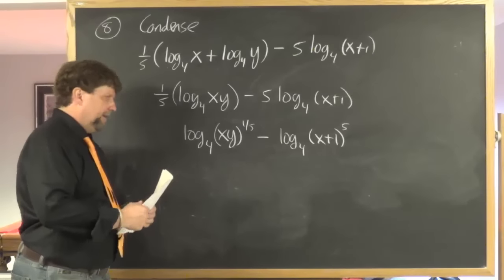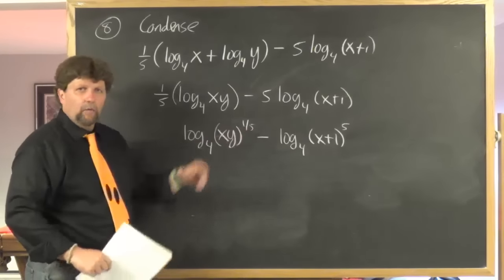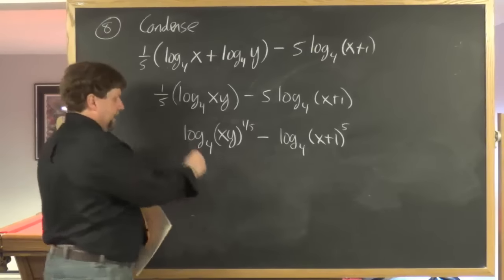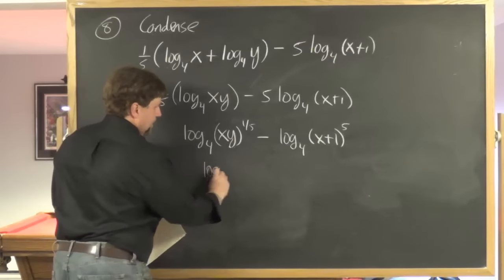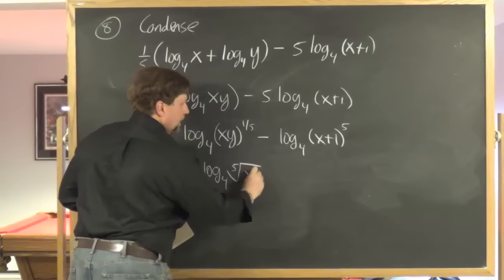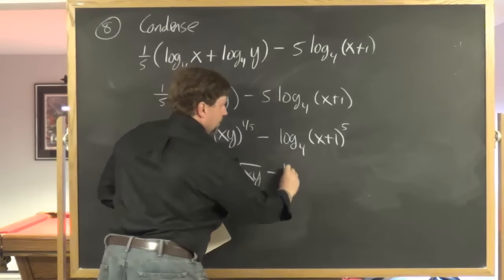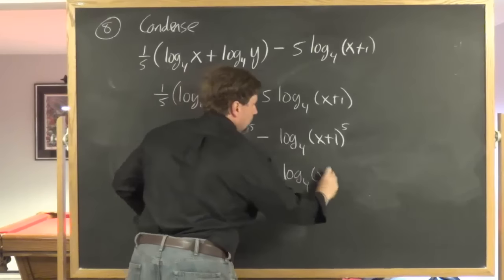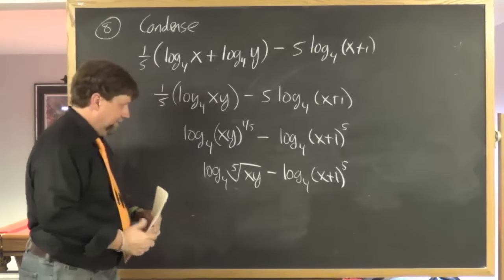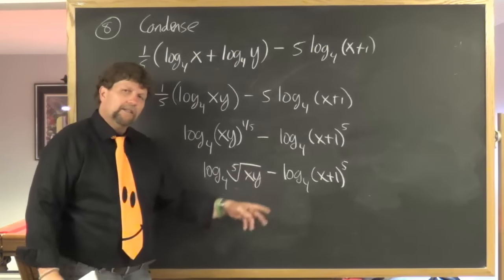Okay, next, I don't like this 1/5 exponent, so I'm going to use an old property of exponents and just rewrite this as log base 4 of the 5th root of xy. Okay, now finally, we have a log minus a log.